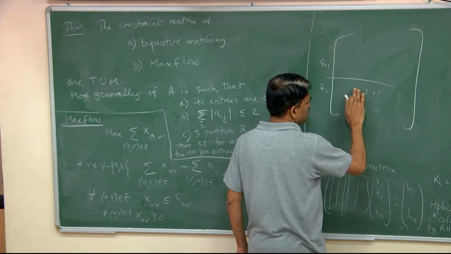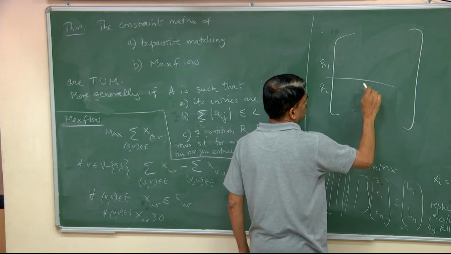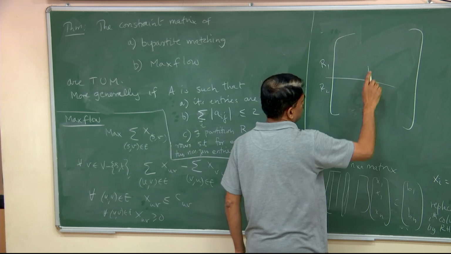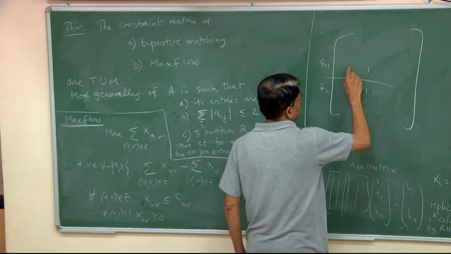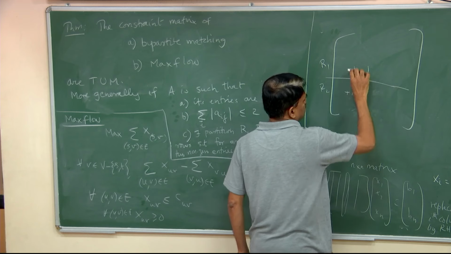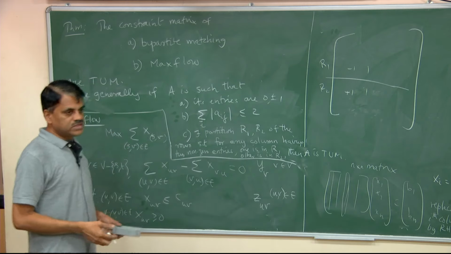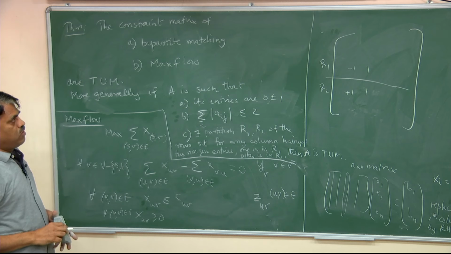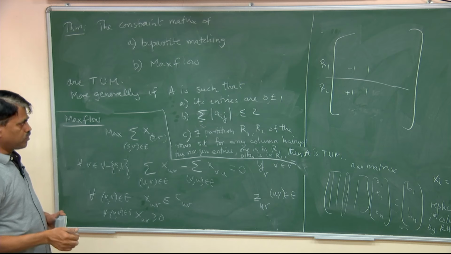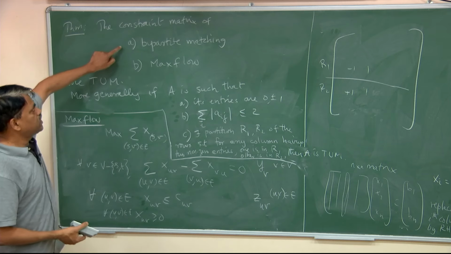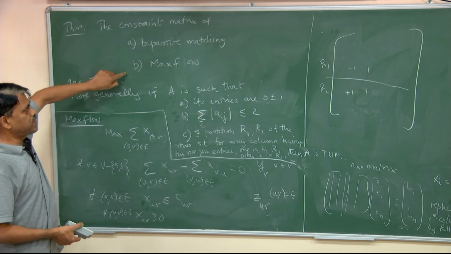Both cannot be here. So if you have a column, then 1, 1 would be here, or it's a plus 1, maybe minus 1. They are split like this. Such a matrix is totally unimodular, and then we will show that the constraint matrix of bipartite matching and max flow have this property.